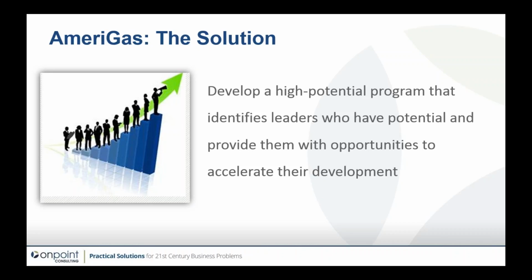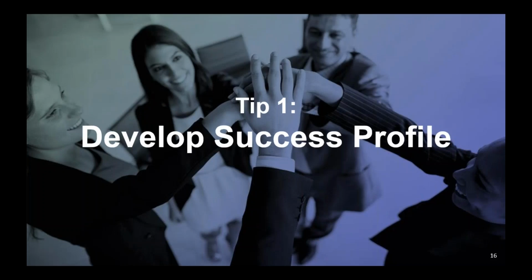So overall, AmeriGas developed a high potential program. In that program, they focused on identifying leaders who had the potential to fill this area director role and providing this population with opportunities to accelerate their development. They wanted both to build a strong bench and to increase the rate with which people were ready overall.